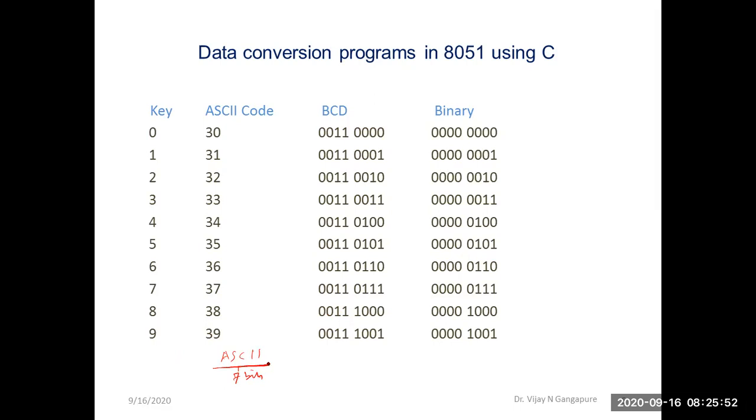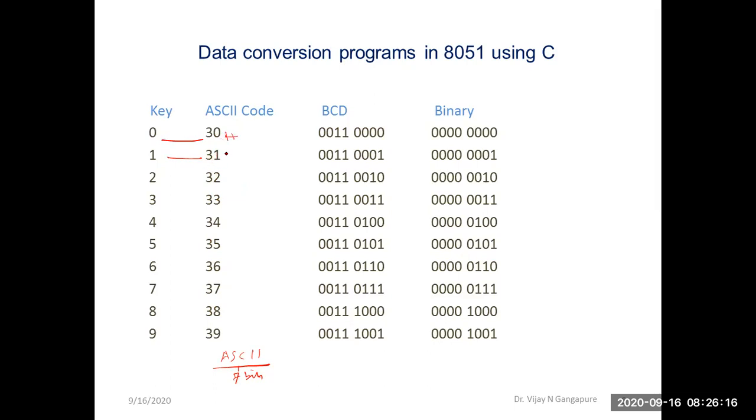You can easily find these ASCII codes when you search on Google. In that, the zero key has ASCII code 30. One has ASCII code 31. These 30, 31, 32 are written in hex.